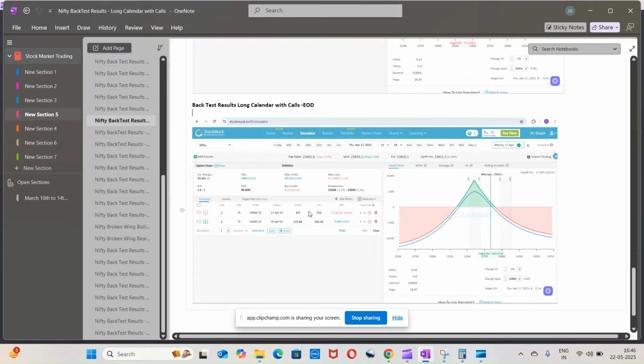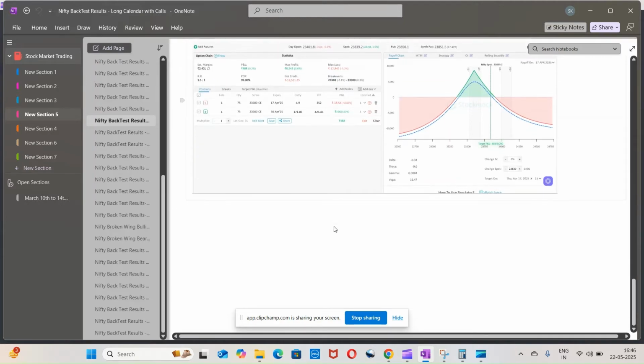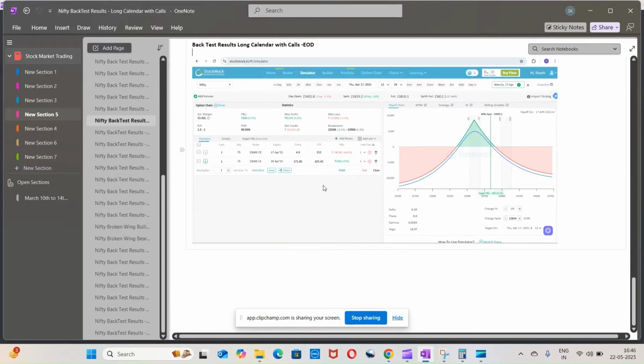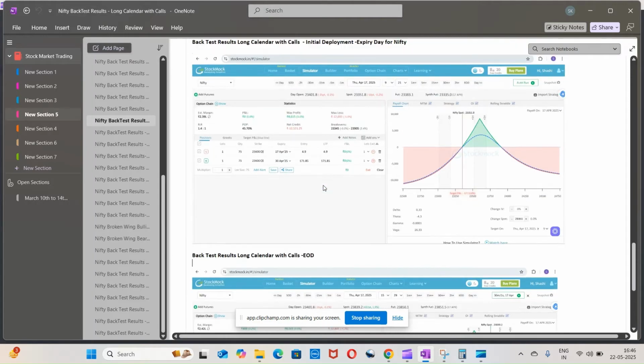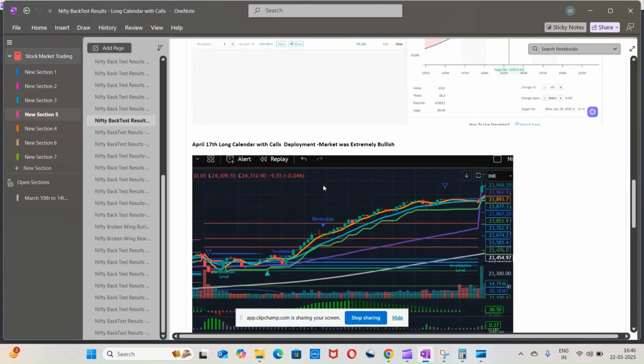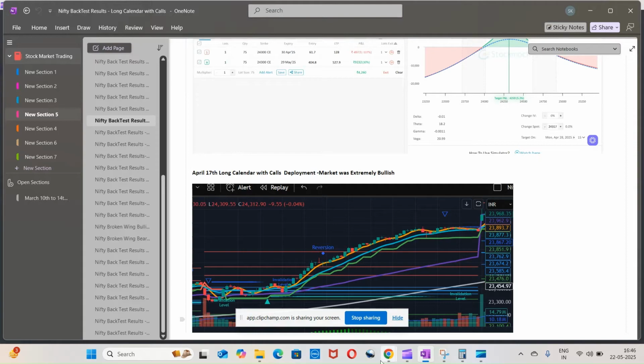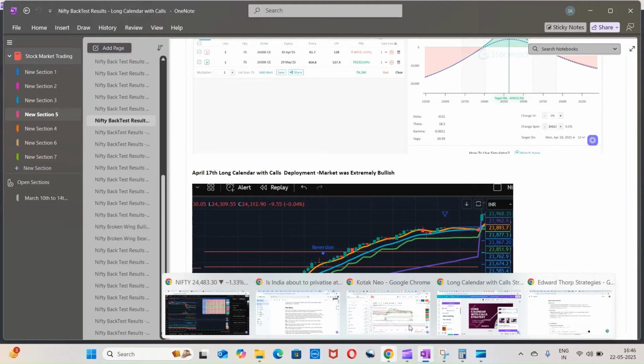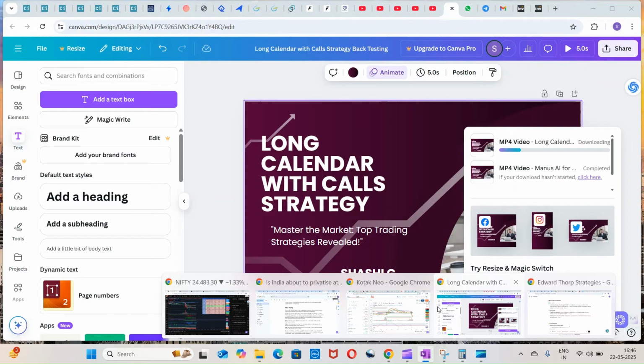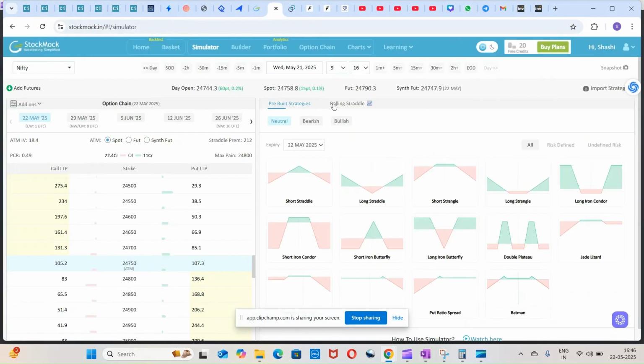So let's test this in the Stock Mock tool, April 28th and April 17th. So this is April 28th.